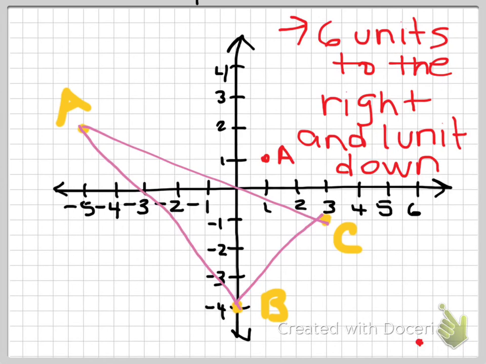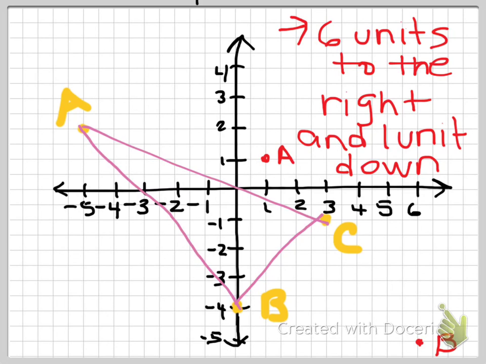And let me fix my graph so that we have enough room for our point. So we're going to make -5 be that last part there. So this would be my new letter B.